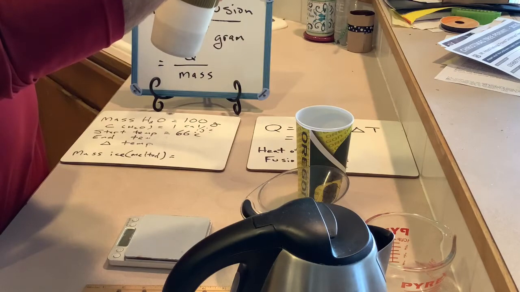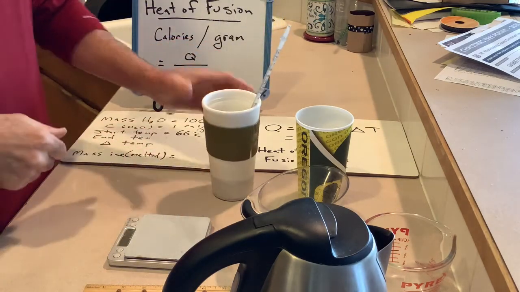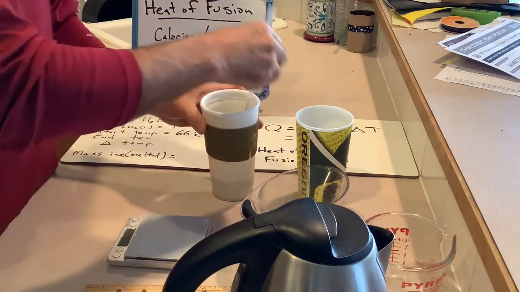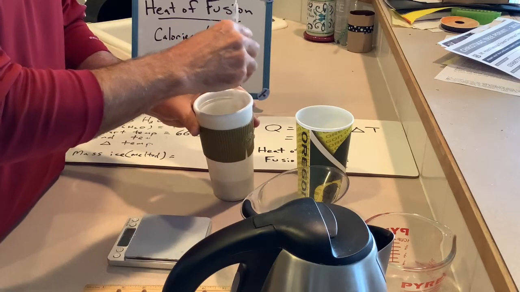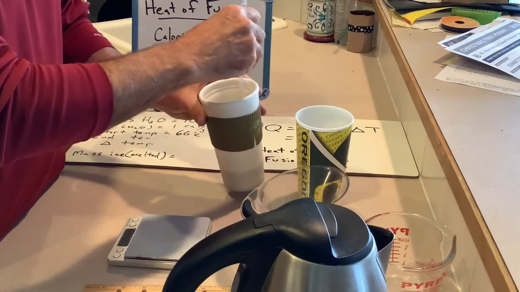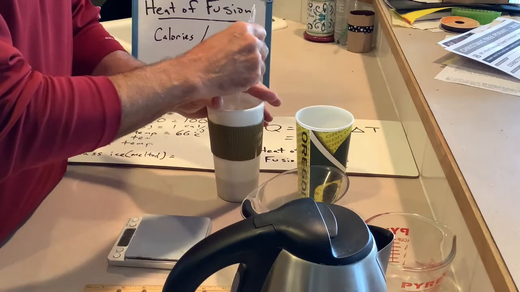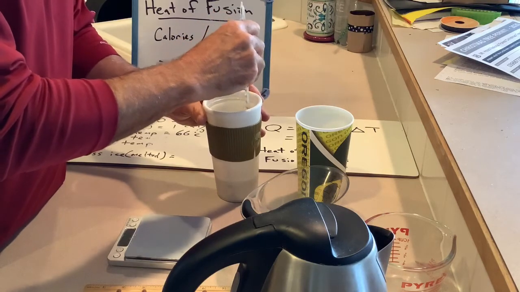Of course, the temperature is going down, so the heat from the hot water is being used to melt that ice. So we're going to determine how much heat was lost. It's important that I actually keep a little bit of ice in there until it's still a little bit of ice. Of course, you could get some heat lost. I can feel it getting hot, so it's not going to be perfect.